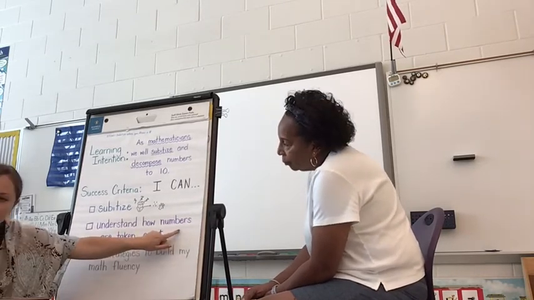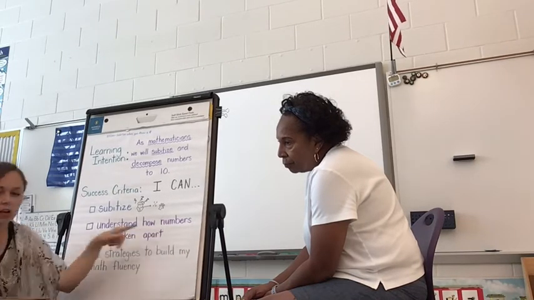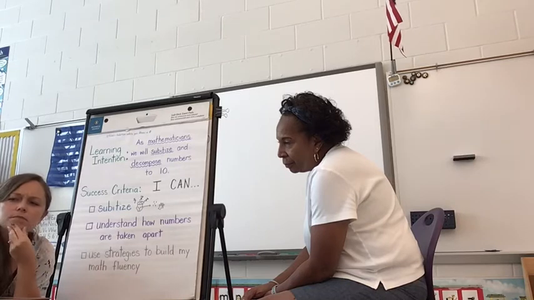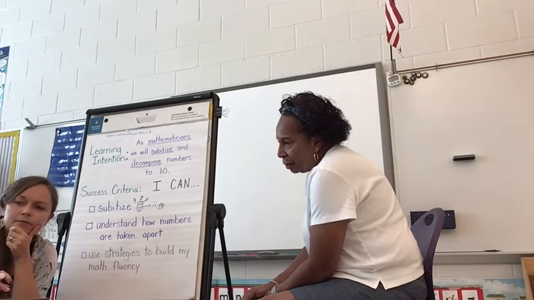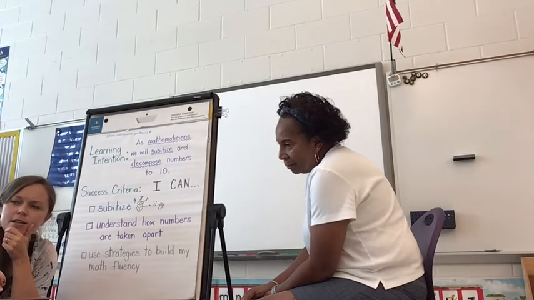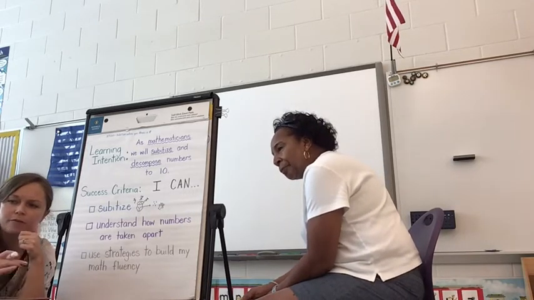What picture could I draw to go with that idea that numbers are taken apart? Say, everybody, you're making me dizzy. Let's go to my friend Jackson, because he's a smart cookie, just like the rest of my friends.